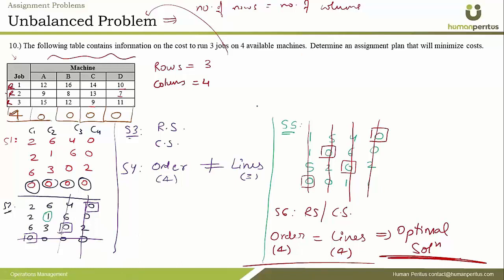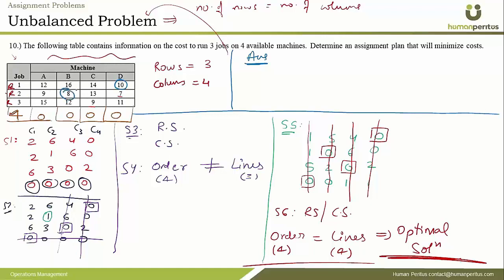I'm writing the answer here. Job 1 is assigned to B, job 2 is assigned to B, job 3 is assigned to C, job 4 is assigned to A.